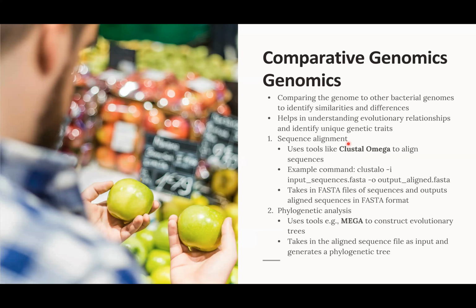So comparative genomics, as the name says, is just comparing one genome to another. The reason for this is to help us understand evolutionary relationships and find out if we have any unique genes. To do this, you first do sequence alignment, which is aligning your sequences, as it is in the name.